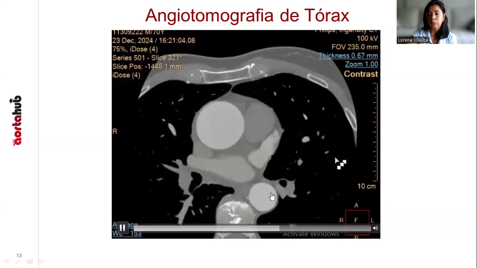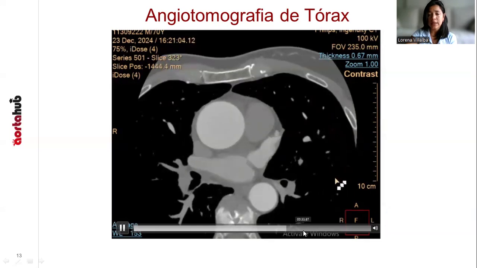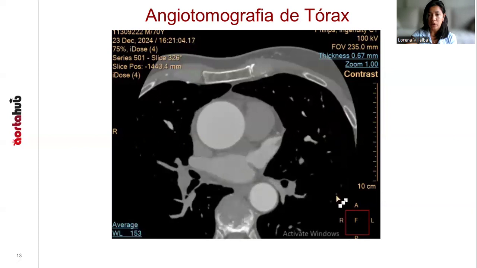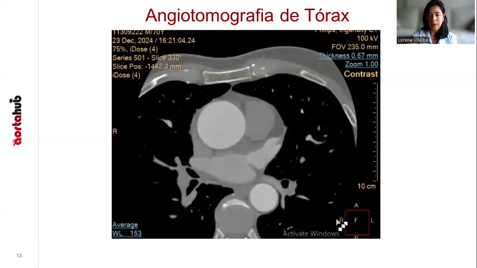A preserved diameter was reported at the descending aorta level. And additionally, they did not report signs of coarctation by this method, and the aortic valve was also reported as having a trileaflet morphology.